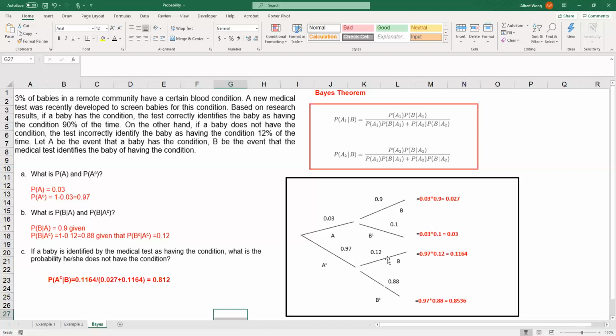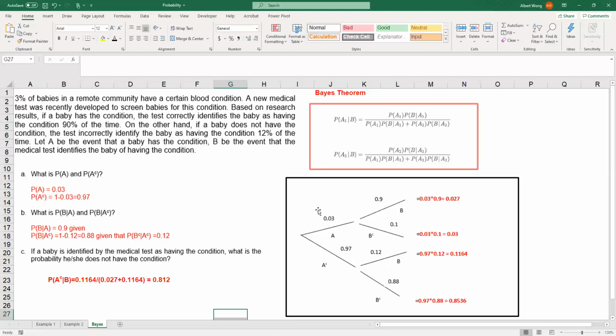And once we complete this branch, then we can also write down the branch here. Now the branch is the baby has no condition, and according to the test, is also identified as having no condition. And the probability of that would be 0.88. Why? Because the two probabilities should add up to 1. So this is 0.88. So once we put down all the probabilities, then this probability tree is complete.